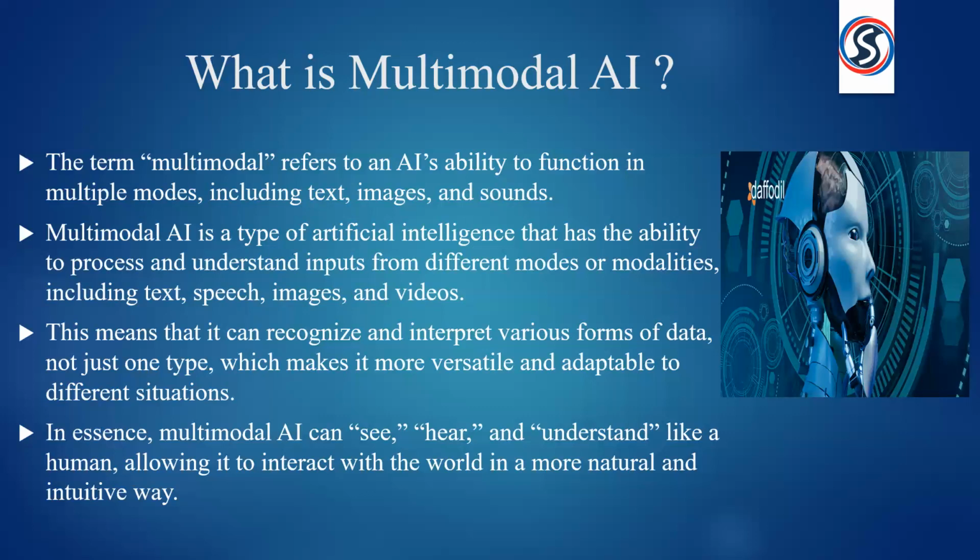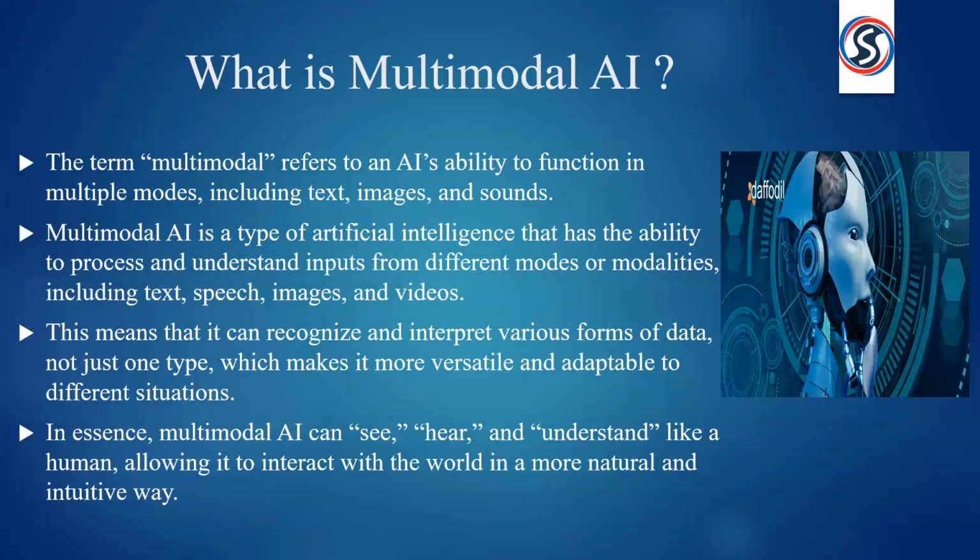This means that it can recognize and interpret various forms of data, not just one type, which makes it more versatile and adaptable to different situations. Multimodal AI is a type of artificial intelligence which is completely adaptable to different situations.